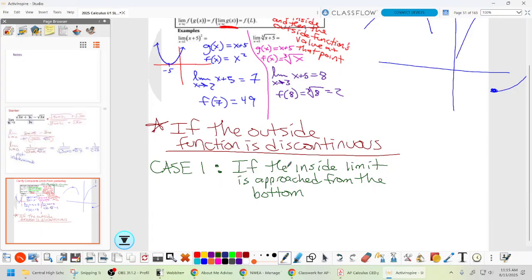If the inside limit is approached from the bottom, use the left-hand limit outside. And the big idea there is left-hand limit. Okay? So take the left-hand limit of that discontinuous part.